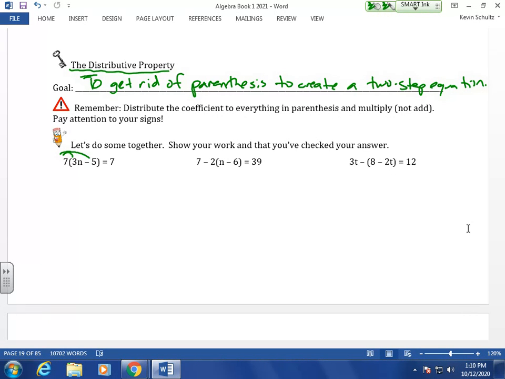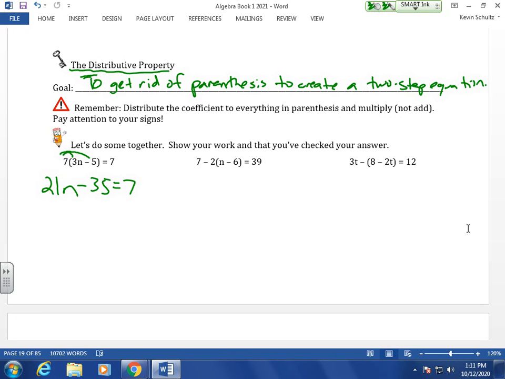What this is saying, as it's written here, is we have 7 groups of 3n minus 5. We are taking 3n minus 5 7 times. Mathematically, that's the same thing as taking 7 groups of 3n, which is 21n, and then 7 groups of negative 5, or 7 negative 5s, which is negative 35. Okay, and then that equals 7.